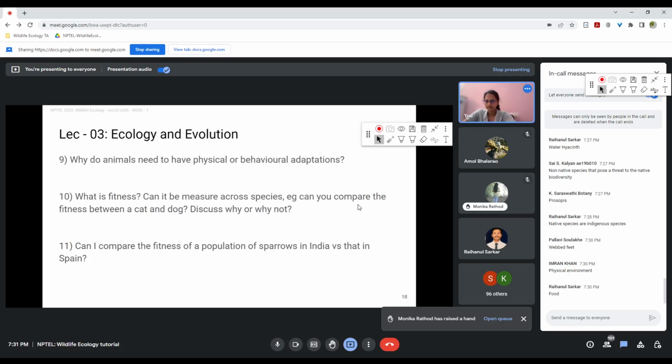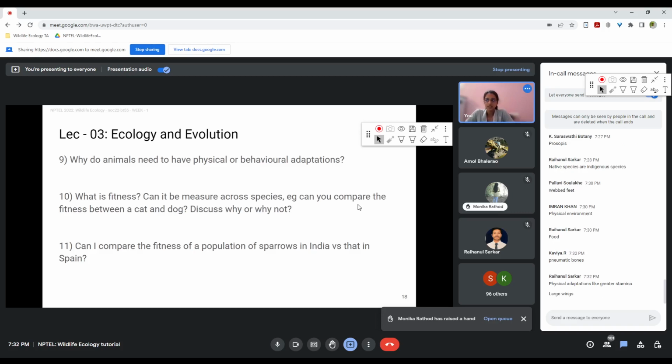Okay, let me give you a hint. Several of these birds migrate several kilometers, highly large distances, and many of them fly in a single stretch, so they can fly for hours and days non-stop. Sure, I'm getting some physical adaptations like greater stamina, larger wings. Yes, of course.